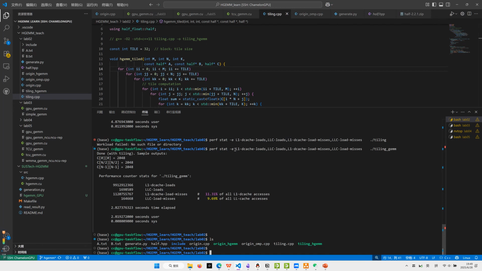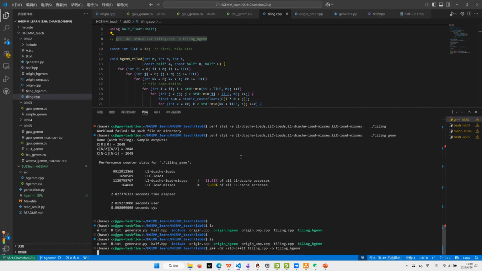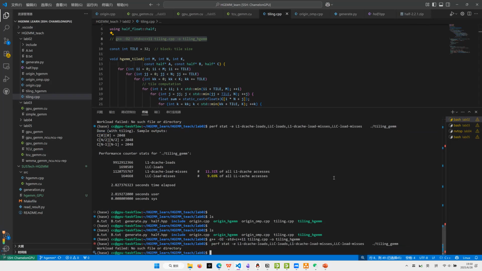Here we are profiling using the D cache loads, last level cache loads, L1 cache load misses and last level cache misses. Oh, by the way, let me recompile the program again. Okay, and here we try to profile.